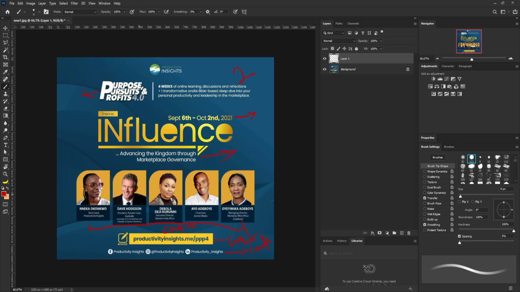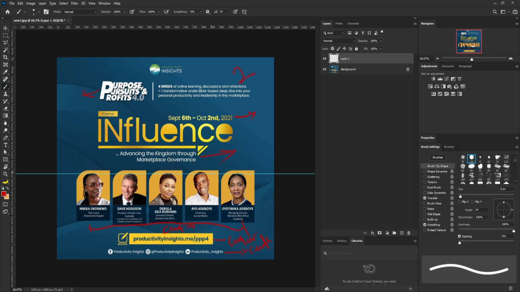Another thing I'm going to say on this design is, when you are placing images on your project, you need to make sure that the nose, the eyes size, and the head of your characters align. If I draw out my ruler now, you notice that the heads are not well aligned.